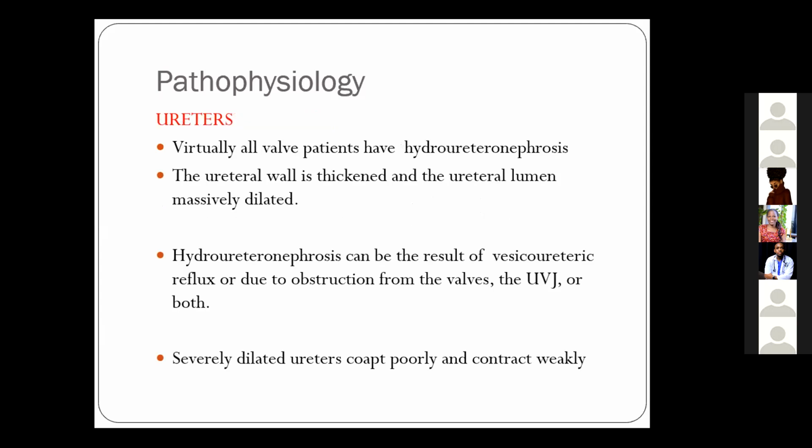So in the ureters, virtually all valve patients will have hydroureteronephrosis, and the ureteral wall will be thickened, and the lumen, of course, massively dilated. And hydroureteronephrosis can be the result of vesicoureteric reflux or due to the obstruction from the valves, or both.